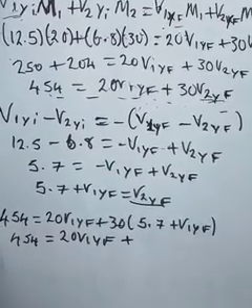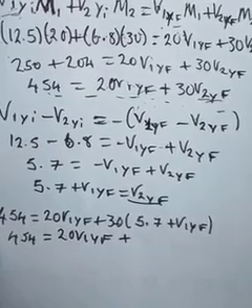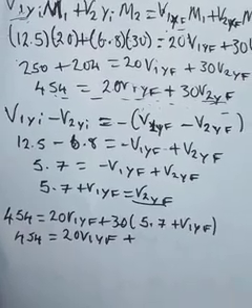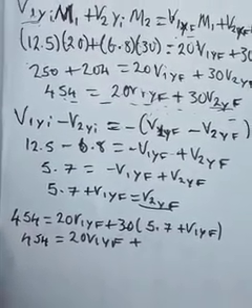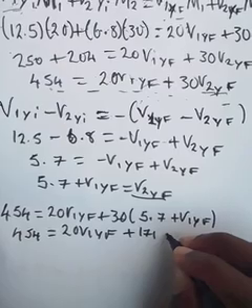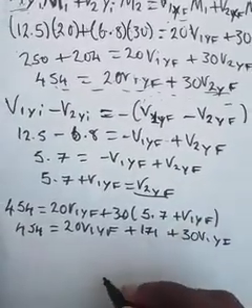Wait, 30 times 5.7. It's going to be 171. So there will be 171 plus 30 V1Yf. So these two we can sum them up, right? And this one is going to go here.